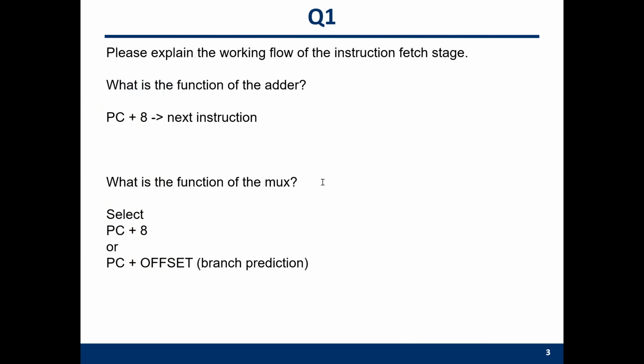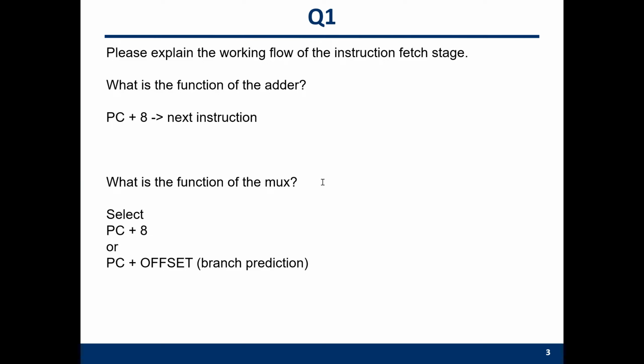And compute the consecutively executing instruction address. We add an offset, so for sequentially executing the address, the offset can be 8 or 4, depending on your CPU.